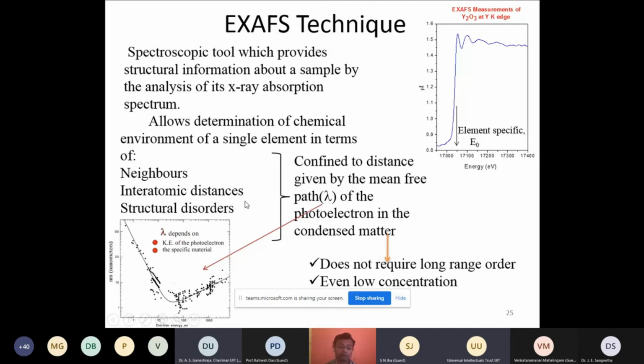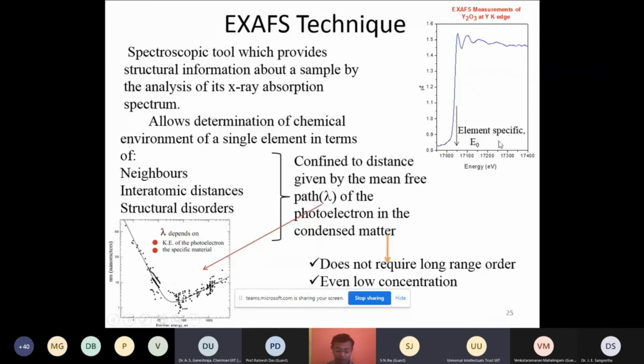But why we say that it is a short range order, you can understand by this universal curve, which is the mean free path versus the electron kinetic energy. You can see around 1000 eV, the mean free path is less than 10 nanometer.